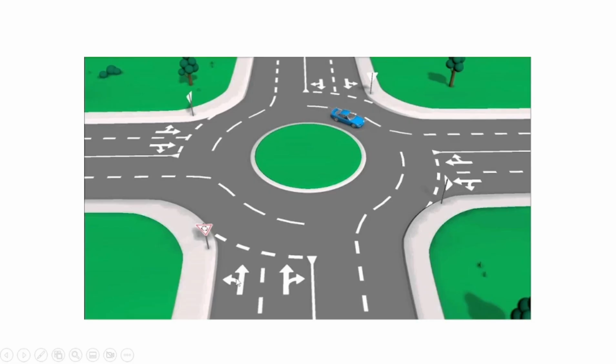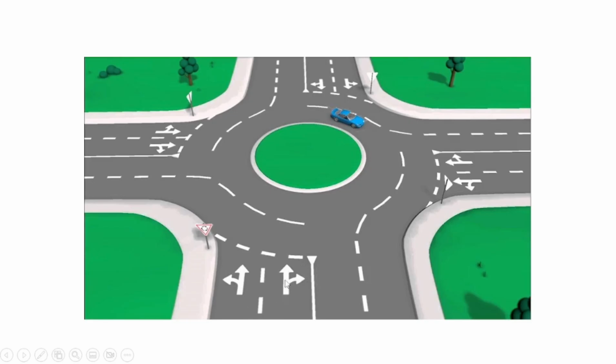This road marking says you can either exit on the first exit from this lane, or you can move straight up to the 12 o'clock. That's the second exit on the roundabout. Okay, and if you're going this way, the third exit here, you must come into the roundabout from this right lane.